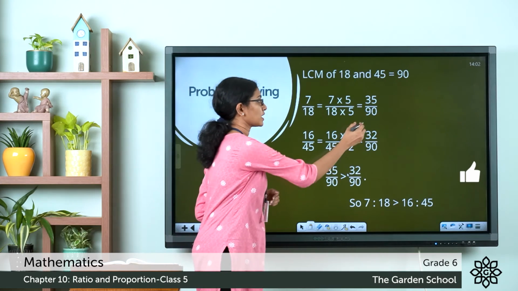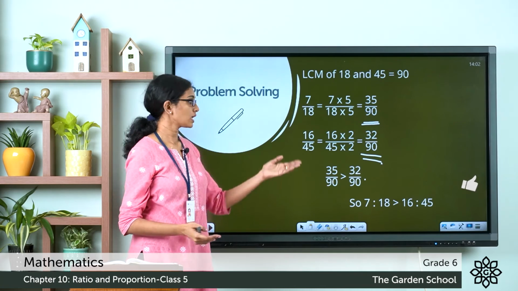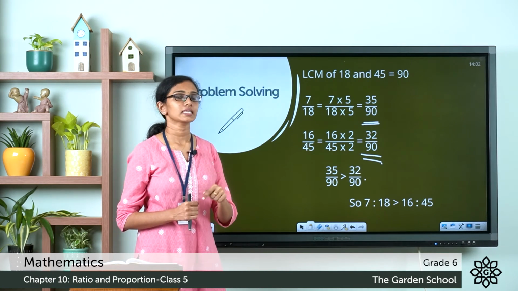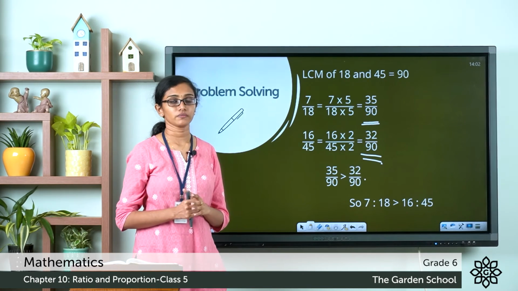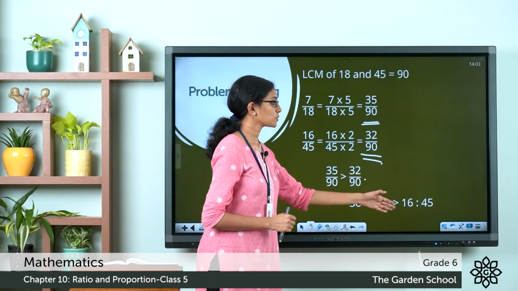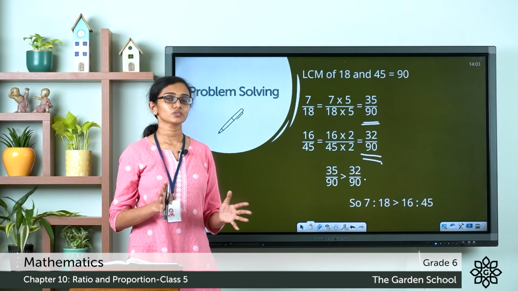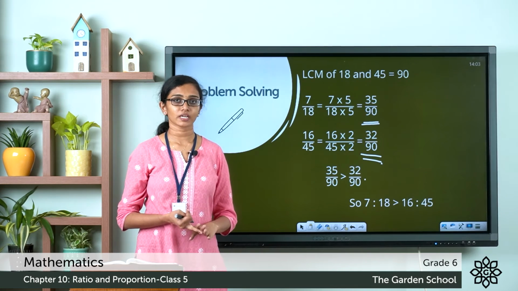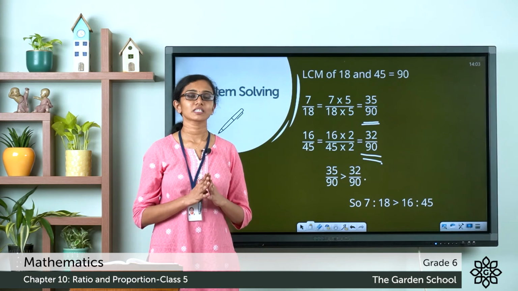Now, compare the fractions 35/90 and 32/90, which is more? 35/90 is greater than 32/90, which means the corresponding fraction 7/18 will be greater than 16/45, which means the corresponding ratio 7:18 will be greater than 16:45. So, to compare two ratios, first write the corresponding fractions, compare the fractions and decide which is greater and which is smaller. I hope this is clear to you.